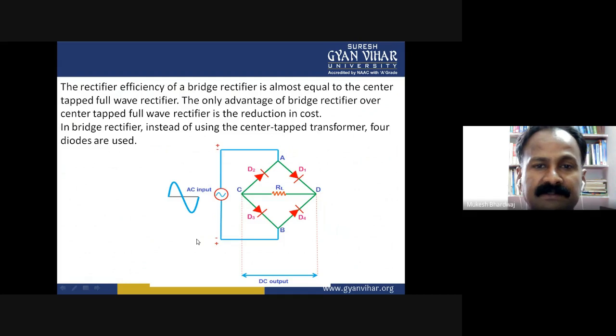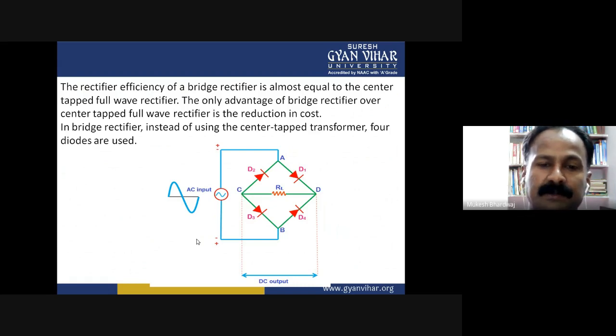The rectifier efficiency of the bridge rectifier is almost equal to the center tap full wave rectifier. The only advantage of the bridge rectifier over the center tap full wave rectifier is the reduction in cost. In the bridge rectifier, instead of using the center tap transformer, four diodes are used.